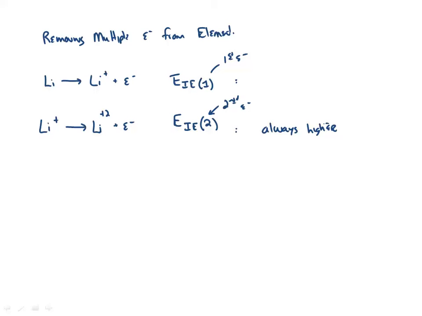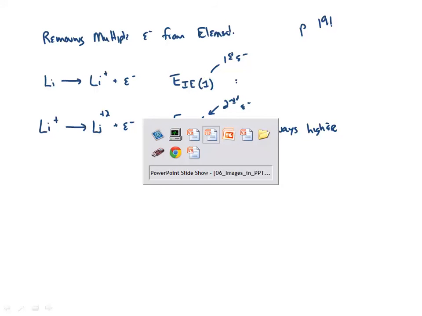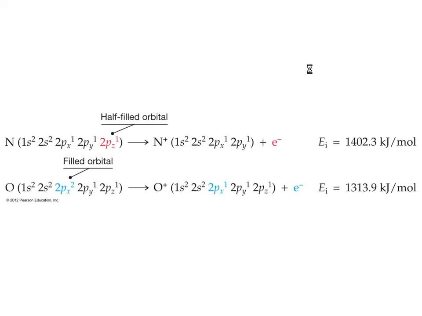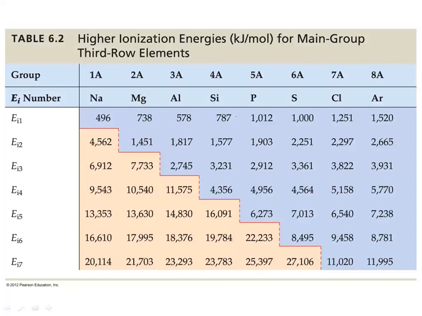And if we take a look at a chart, this is page 191 in your book. I'm not going to reproduce it. But if you make a reference to it, where is it? Right here. Notice that if we take a look at these ionization energies, unfortunately they didn't use lithium on it. Well, that's annoying.